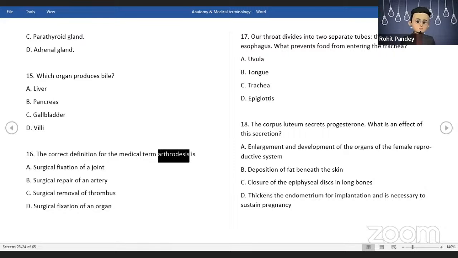Okay, so let me tell you more about arthrodesis. Arthrodesis refers to orthopedic surgery in which two or more bones in a joint are fused to become one larger bone.